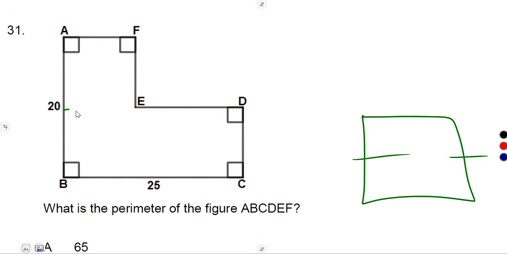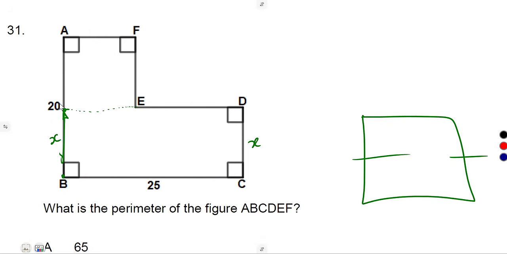So D to C is the same as what we have from here to here. You can even call it X. Let's just call it X from D to C. Okay.